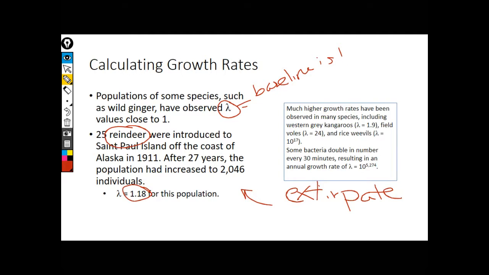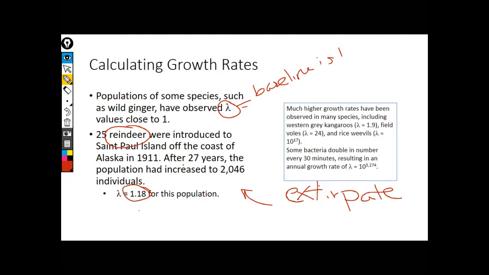If both of these are lambdas, okay, these have breeding seasons, because this is very clear for a reindeer. They all have a birthing season, usually in late summer. For wild ginger, it almost seems strange. They have a growing season. Just like you have a garden, many of those plants have a growing season.